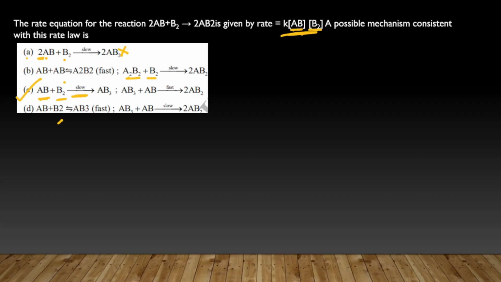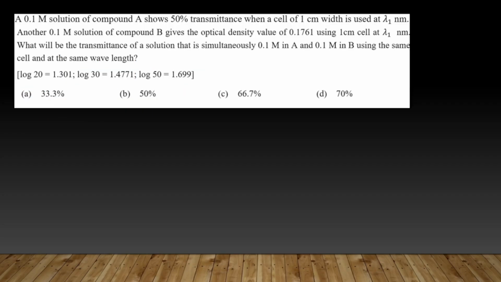Okay. Moving on to the next one, we have this question. It says a 0.1 molar solution of a compound A shows 50% transmittance when a cell of 1 centimeter width is used at lambda 1 nanometer. So this much wavelength you are having, and at that point, transmittance is this much.